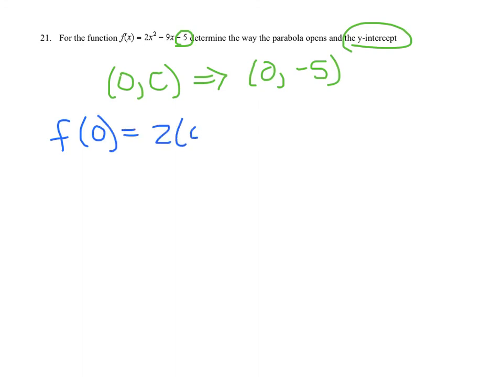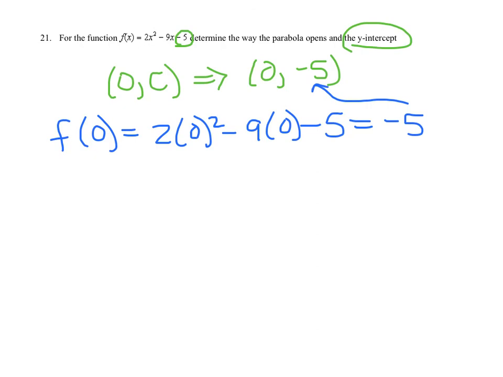So I get 2 times 0 squared minus 9 times 0 minus 5. See how that still equals -5? So that's why that's our y-intercept. Oh, and the way it opens, sorry, your a is positive in the very front, so he's going to open up. The happy parabola.